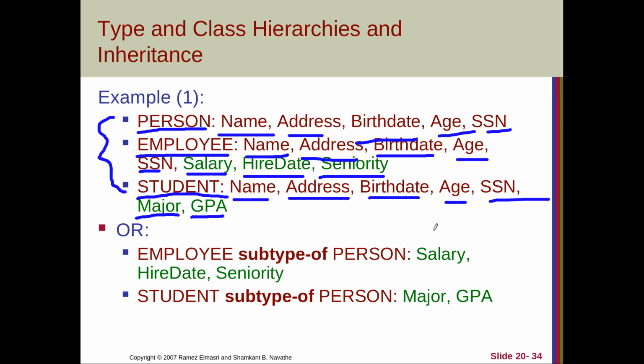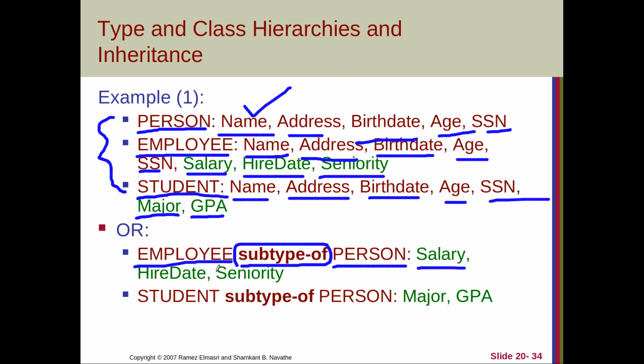So in order to minimize redundant data while creating a new type, we do inheritance by avoiding the repeated elements or properties in the subtype. So we can replace this. Person is the first type. Now how can we write Employee? Employee subtype of, which is a syntax used in the object-oriented database. Employee subtype of Person. So Employee is defined as a subtype of Person. Automatically all the Person data will be available here.